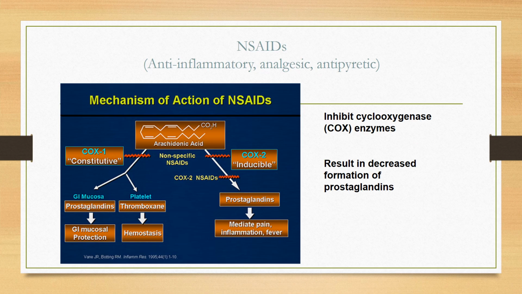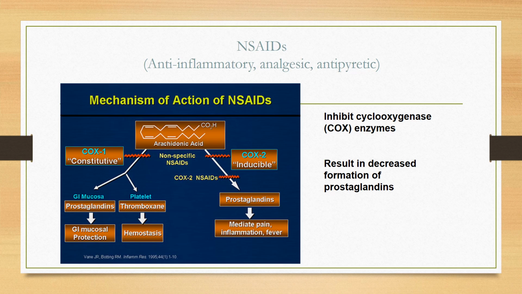So our next class of drug are the non-steroidal anti-inflammatory drugs. These are anti-inflammatory; what they do is in the name. They are good for pain and they're good for fevers. How these work is by inhibiting cyclooxygenase enzymes. In our body we have cyclooxygenase that converts arachidonic acid into different prostaglandins, or basically different hormones, if you will.